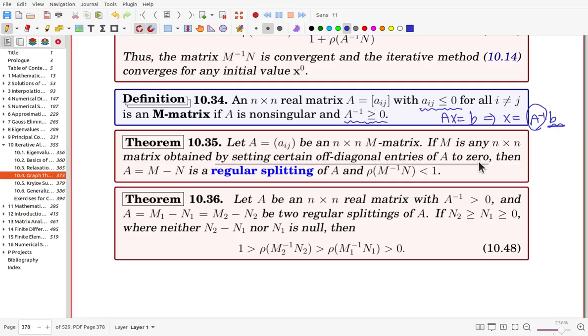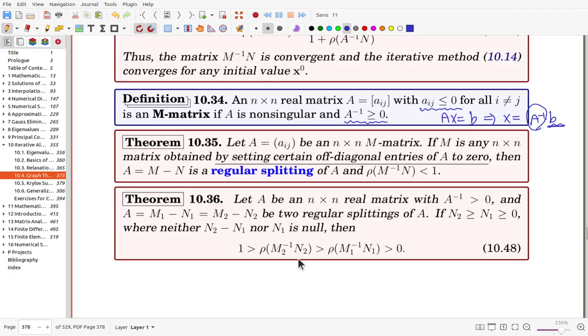So once you try to set more off-diagonal entries to 0, the convergence is slower. That's exactly this one. We have two different splittings. Here, N2 is larger than N1.